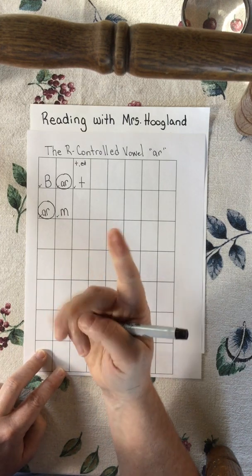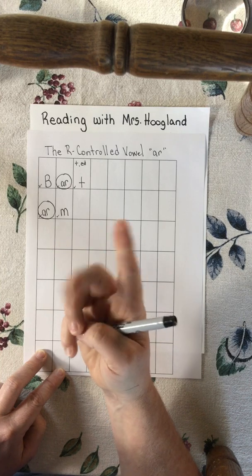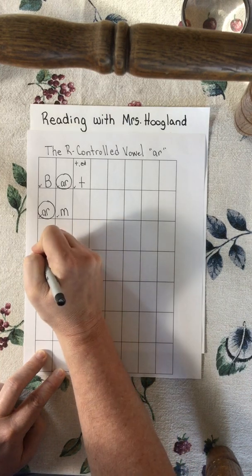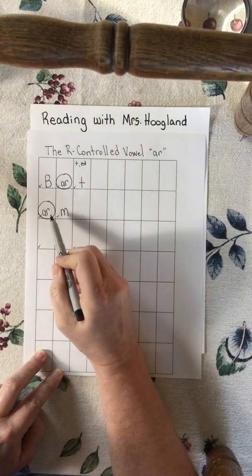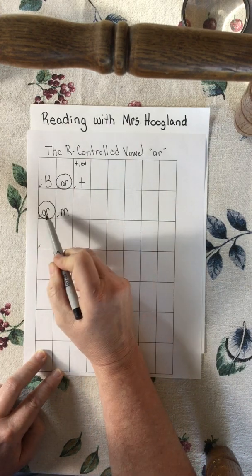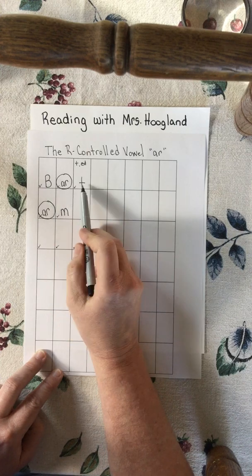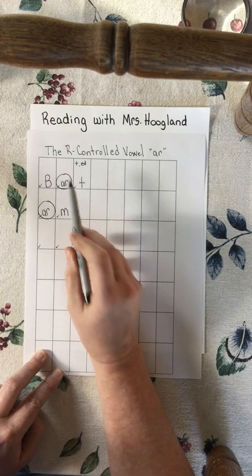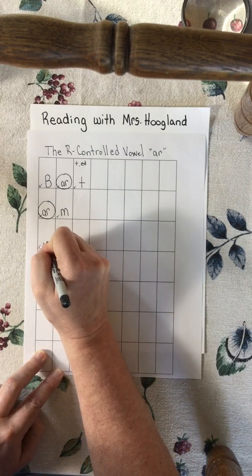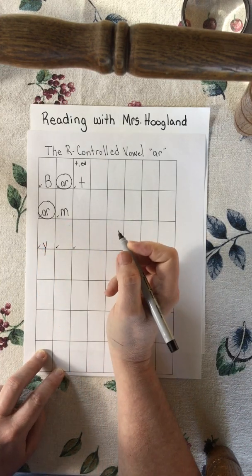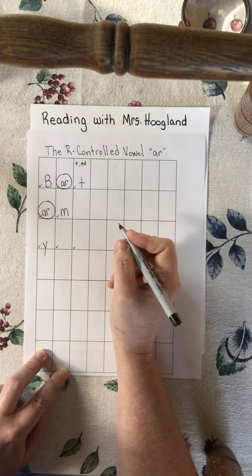Yard. Y-ard. Three sounds, and four letters in this word. Yard. Y is a consonant in this instance because it's at the beginning of the syllable.